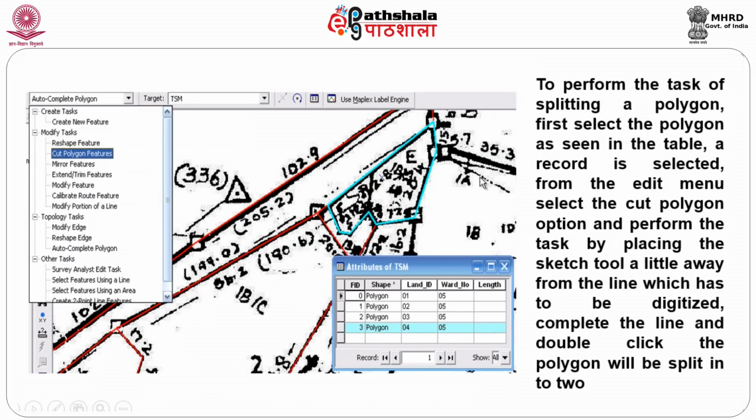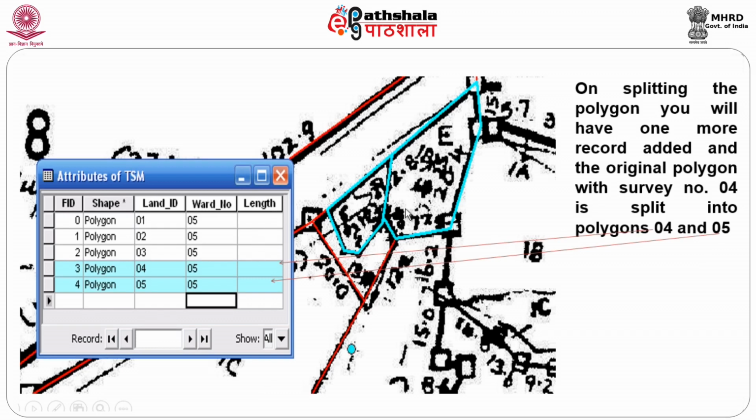I say cut polygon, select this particular polygon and then use the cut polygon option, wherein a single line was there previously. Now I start from here and cut it here. That means I save some more time in digitization. So perform that, and now you see the same polygon has got two polygons now, 1 and 2. You understand that?